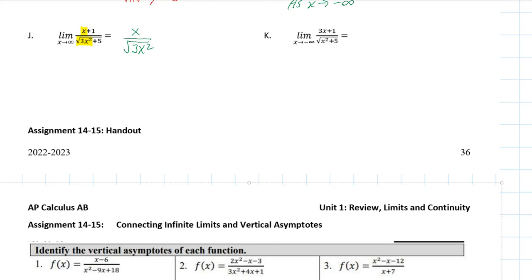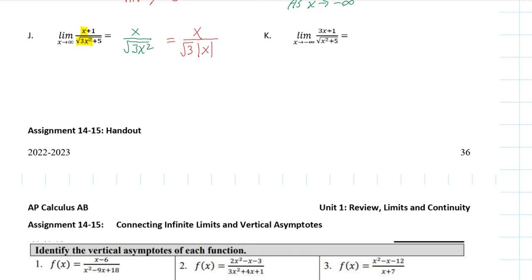I know that the square root of x squared is really just the absolute value of x. Now, the biggest mistake that happens here is when people simplify the x squared, they take the 3 out too. But the 3 can't come out because the square root of 3 is not 3. The square root of 3 is the square root of 3. There's no whole number value for that.